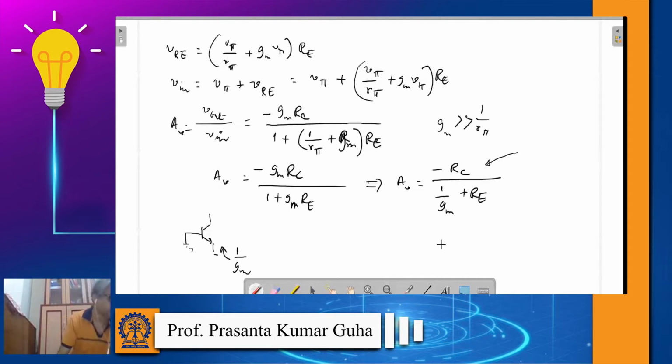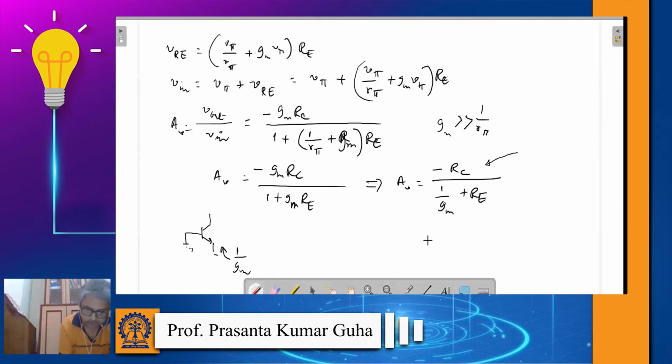Now there is an interesting example given in Razavi's book. I think I should include that in our discussion.